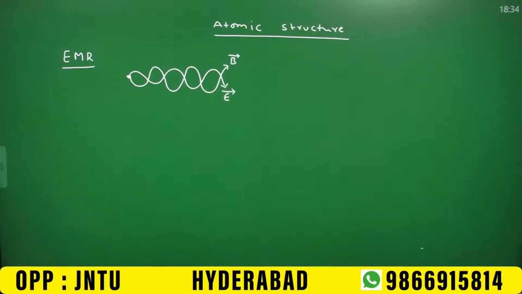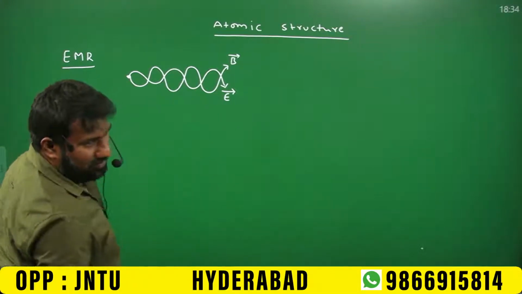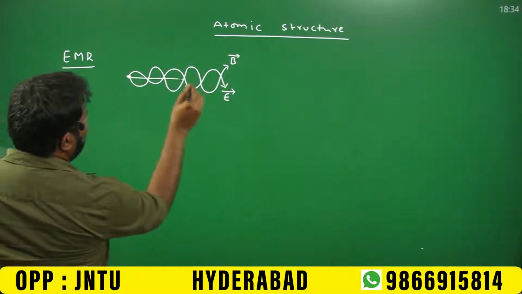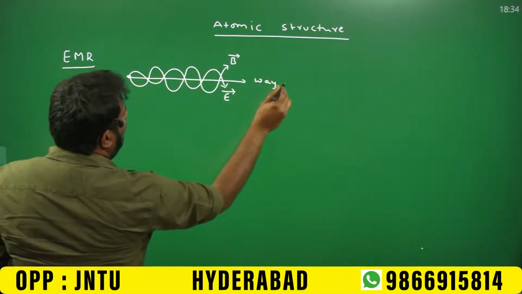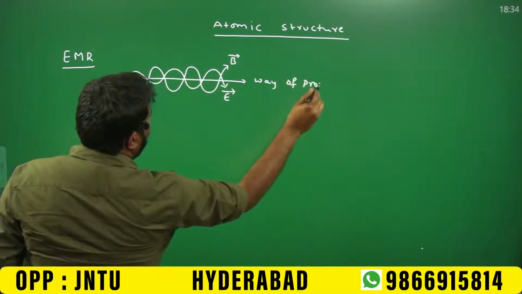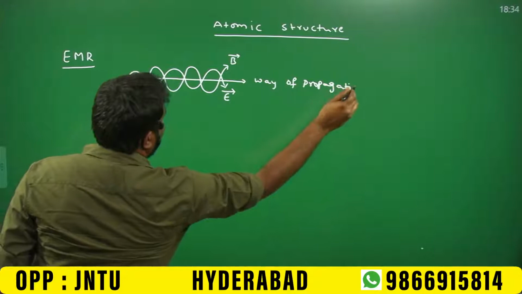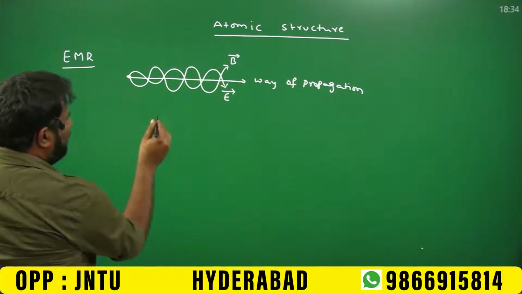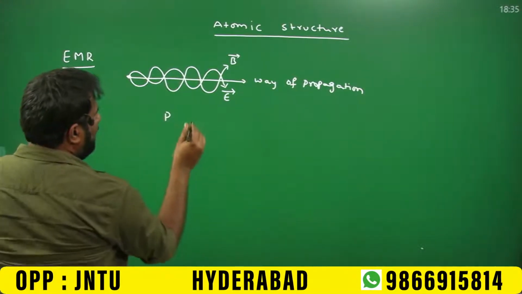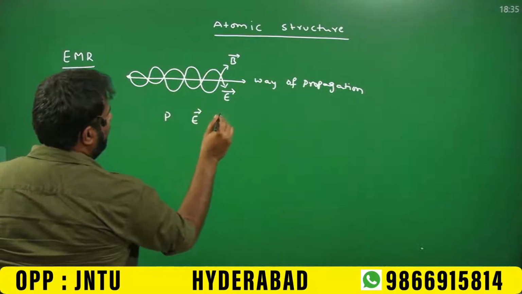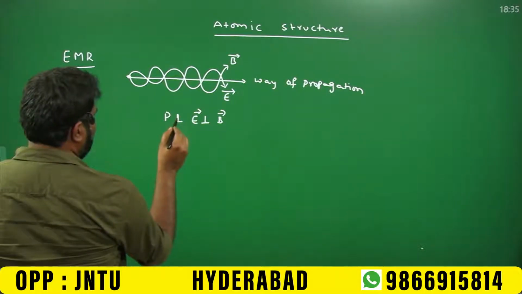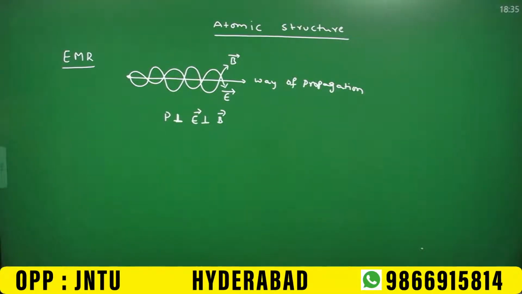We can represent it with B vector. As the electric field and magnetic field move within the space, the particle moves in a direction called the way of propagation. We denote the direction of propagation with P, as well as E vector and B vector. All these are perpendicular to each other.